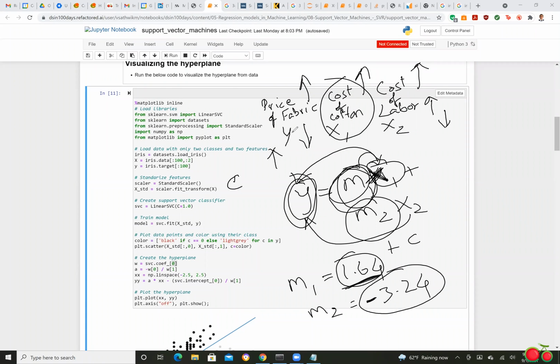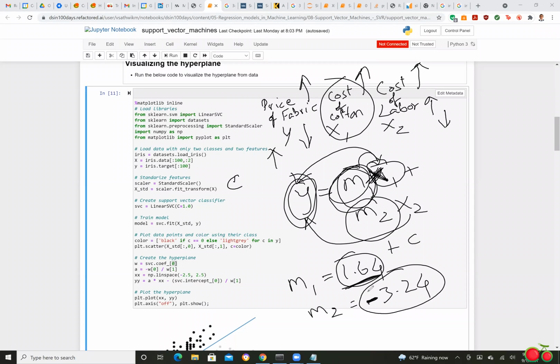Okay, makes sense? But again, you can't imagine this being true in real life, right? You can't imagine that cost of labor is more and I'll sell my fabric for low. So that most probably won't be true in real life, but there might be some other variables, some other features. What can I think of?